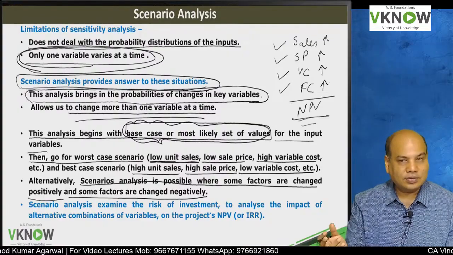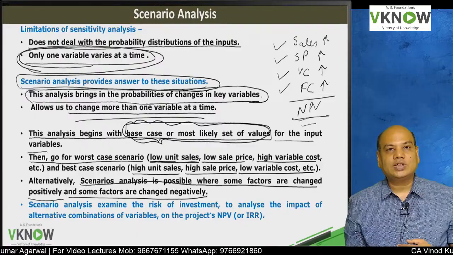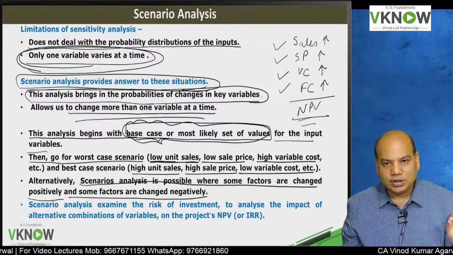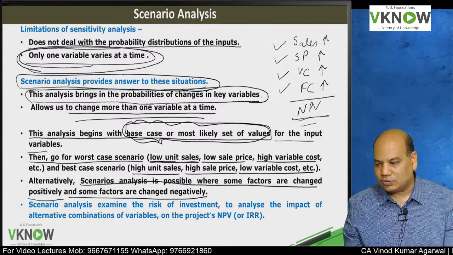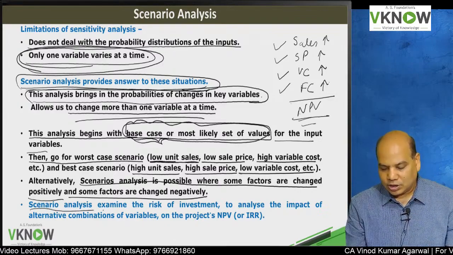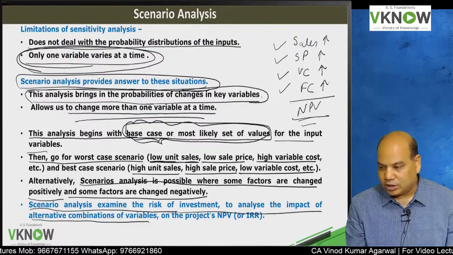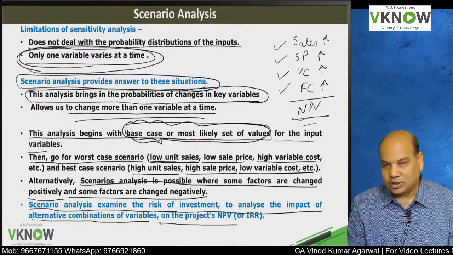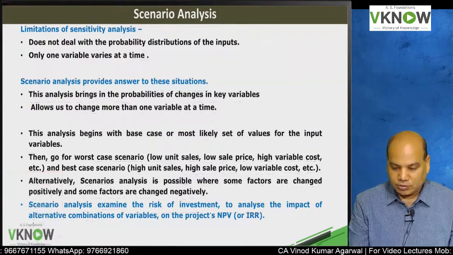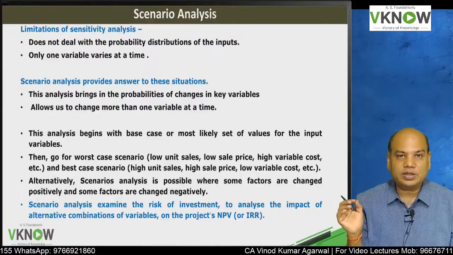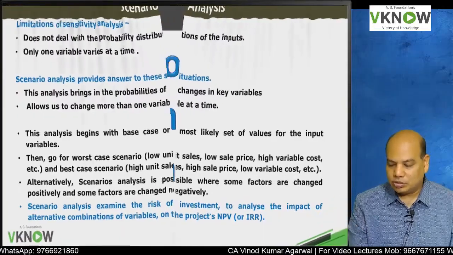So according to your estimation, your judgment, you can change some variables positively, some variables negatively also. And then scenario analysis examines the risk of investment to analyze the impact of alternative combinations of variables on project NPV. So this is one step ahead of sensitivity analysis. If more than one variable changes, how the NPV would change.